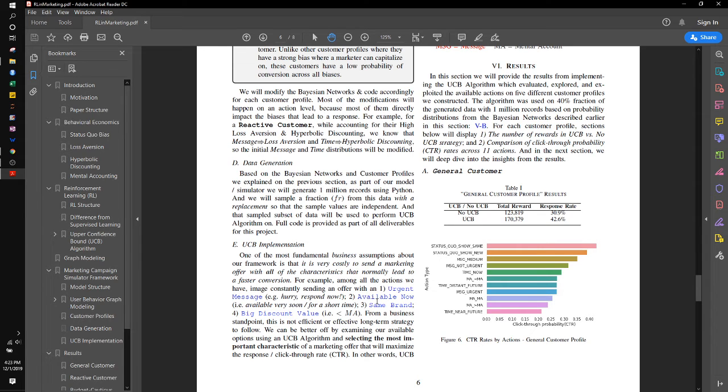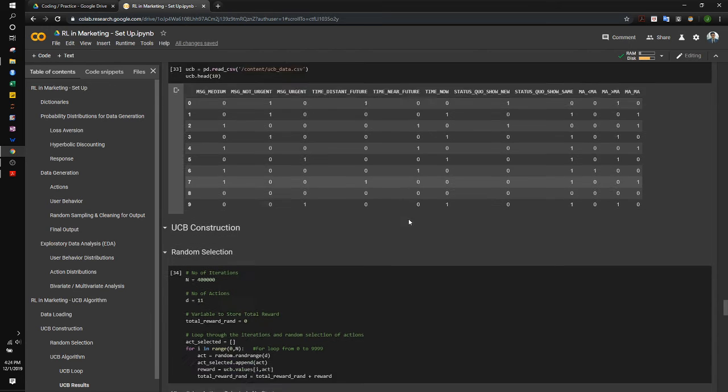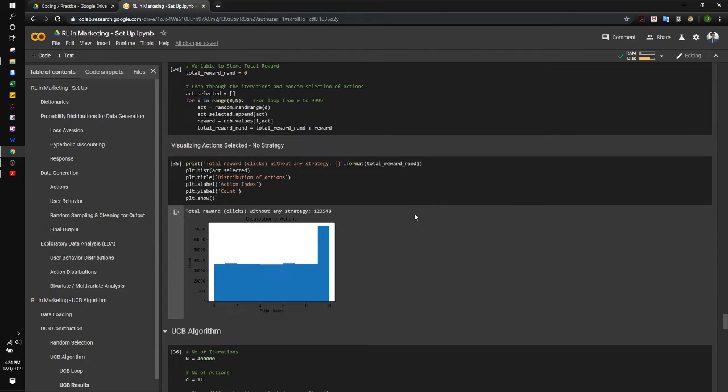So instead, once we sample that simulated data, we saw here for example that a not urgent message and distant future, all of these characteristics led to one conversion. But what we're doing is sending an offer with fewer characteristics that still leads to that conversion. What is that action, what is that characteristic, and can we exploit that?